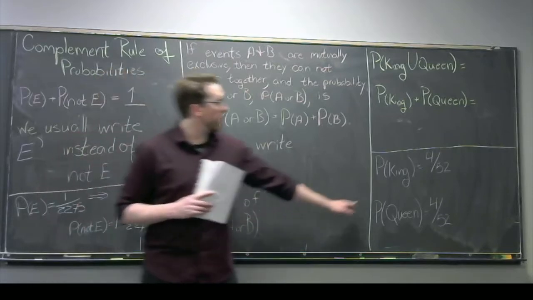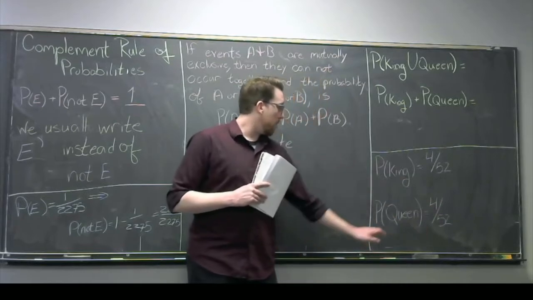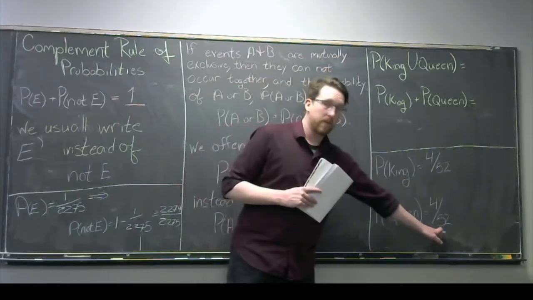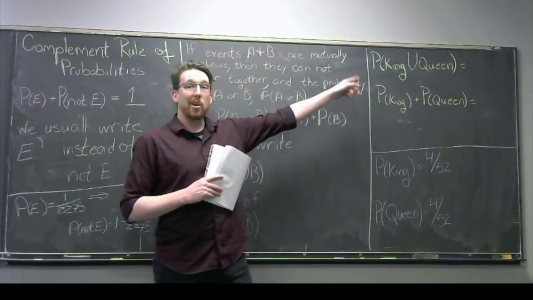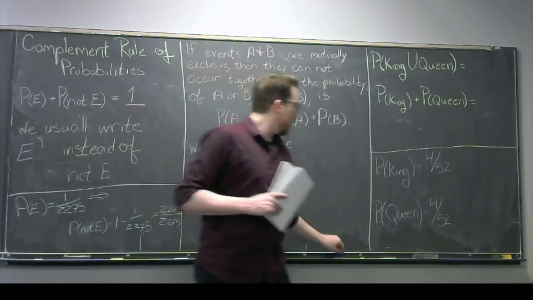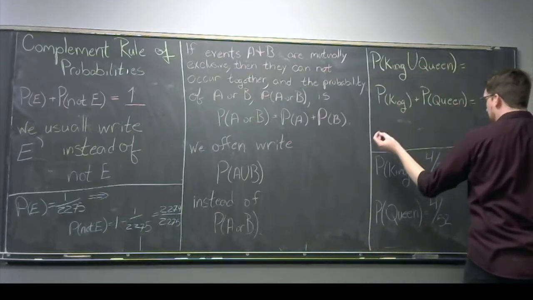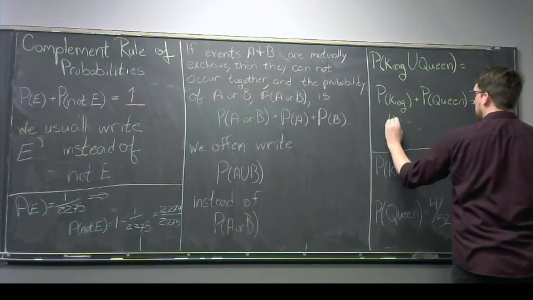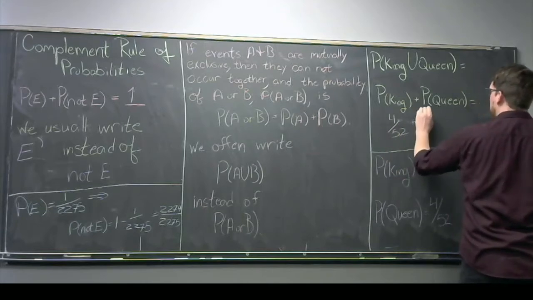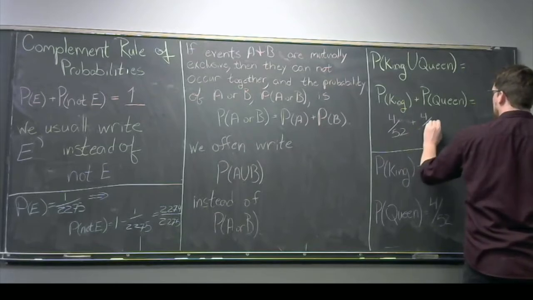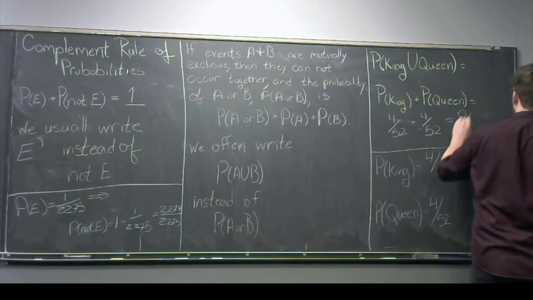The probability of pulling a king is 4 out of 52. And the probability of pulling a queen is 4 out of 52. So the probability of pulling a king or a queen is going to be 4 out of 52 plus 4 out of 52, which is equal to 8 out of 52, and we can reduce this further.